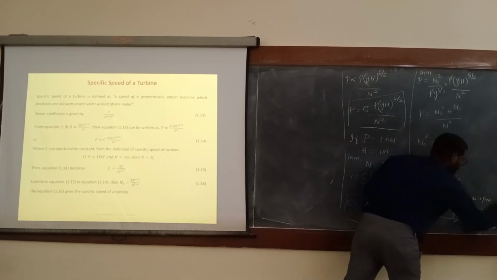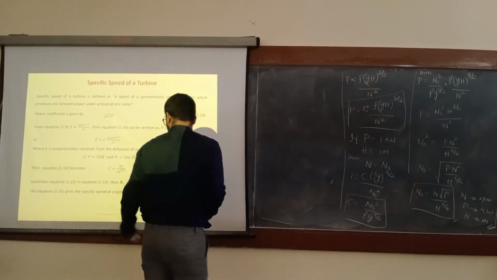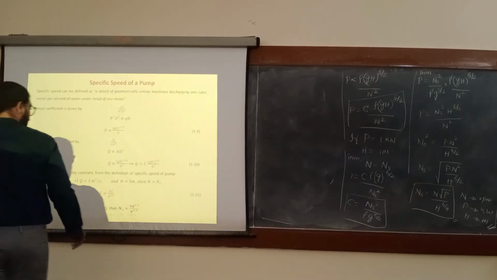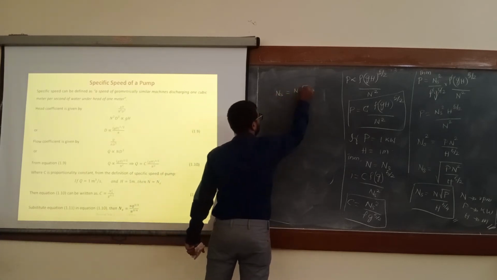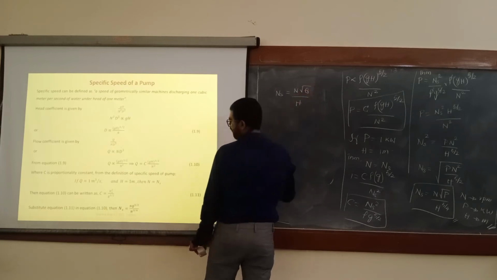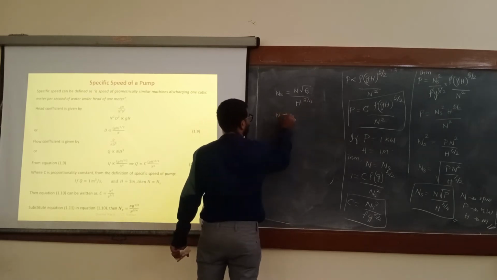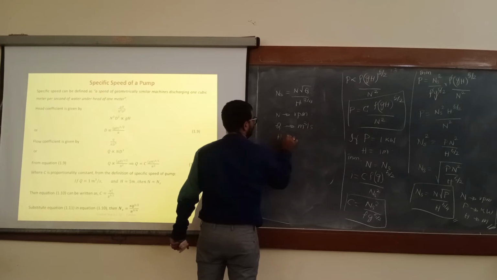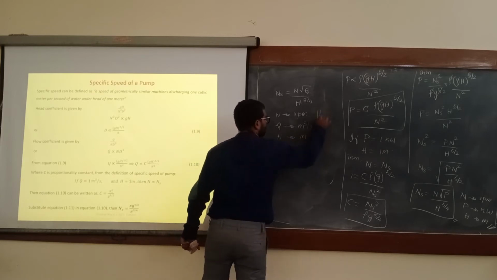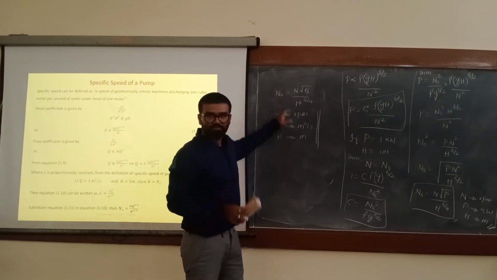Similarly, for the specific speed of a pump, ns is n root of Q divided by H to the power of 3 by 4. Here n should be in RPM, Q should be in meter cube per second, and H should be in meter. These are the units you need to follow to calculate the specific speed of a pump.